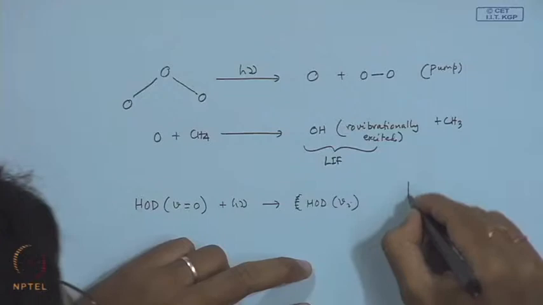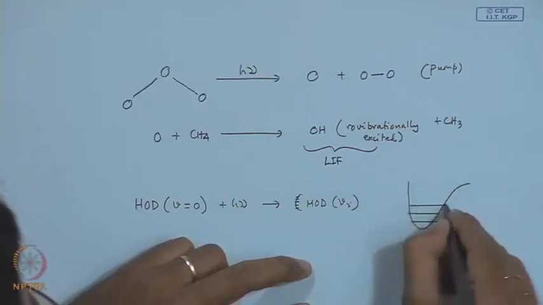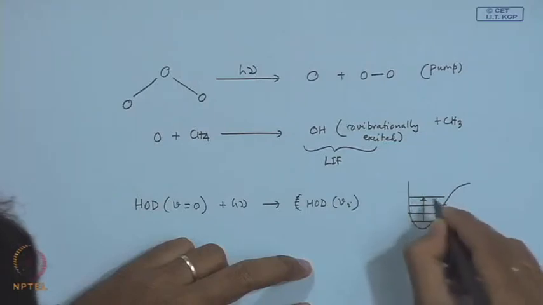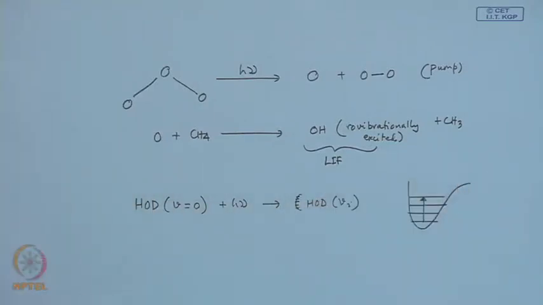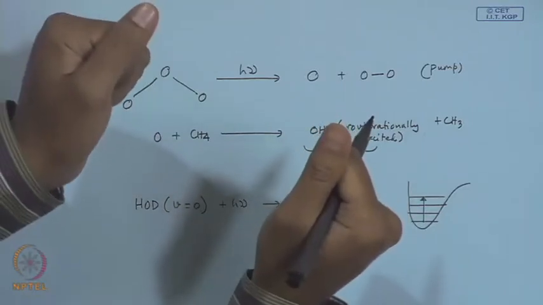In v equal to 0 it has only zero point energy, a little residual motion, but when you excite with h nu it goes higher and does some motion, maybe symmetric stretch or antisymmetric. The vibration could be of different types depending on which mode you are looking into. So HOD v equal to 0 plus h nu gives rise to HOD vi.